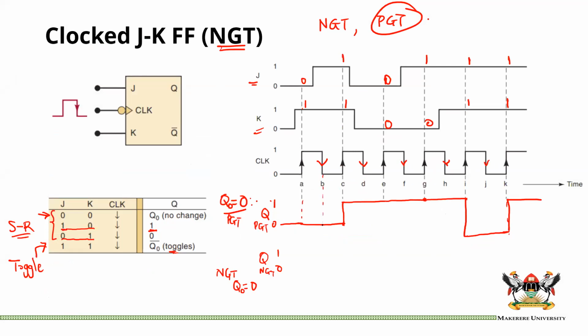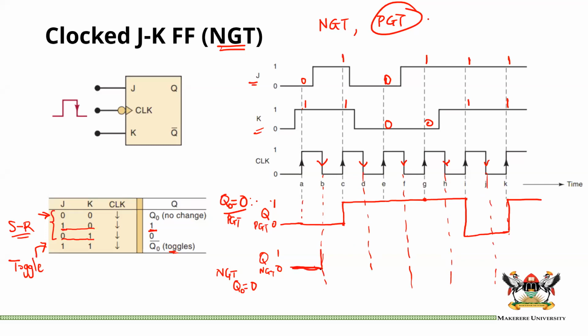And so I'm looking at, in this case, B, D. The next one is F, H, and J. So if I start at 0, if initially it's 0, it will be 0 until I get my first NGT.